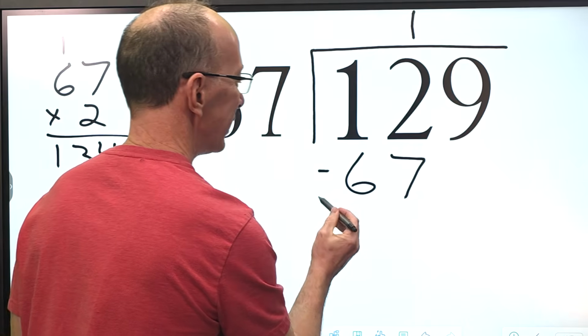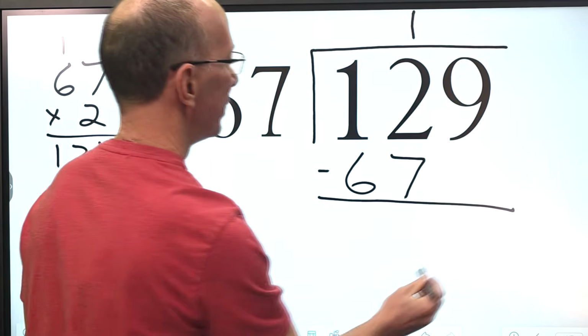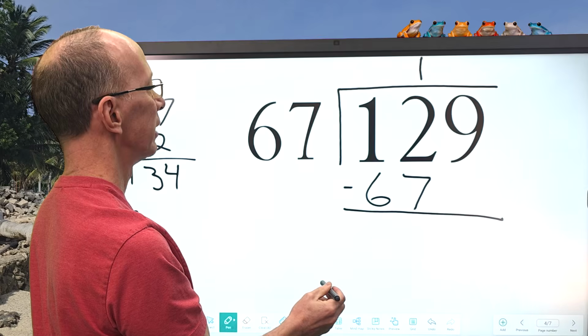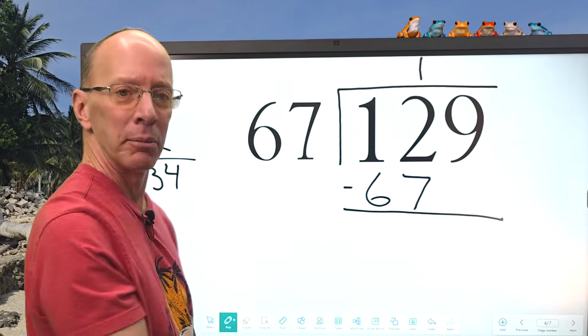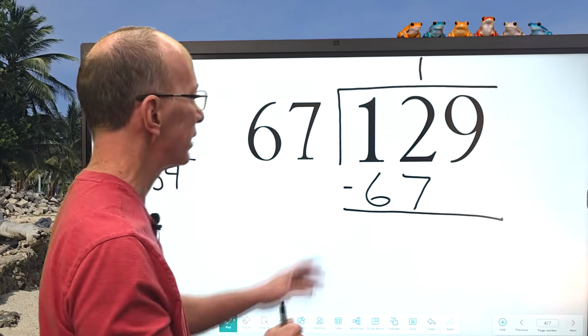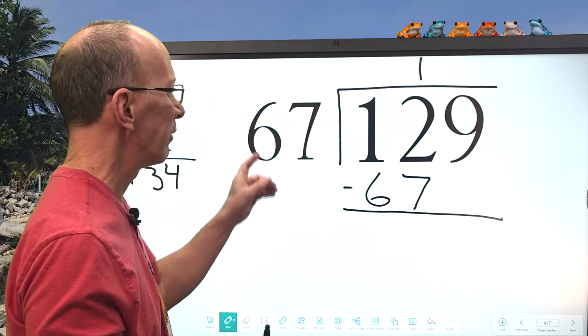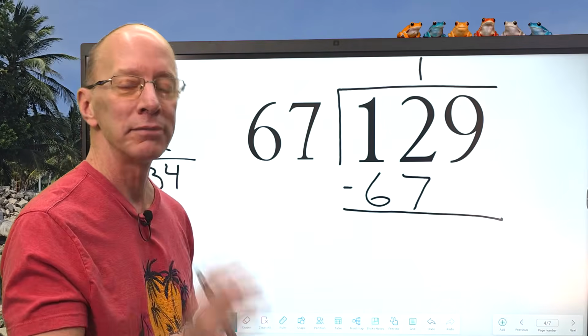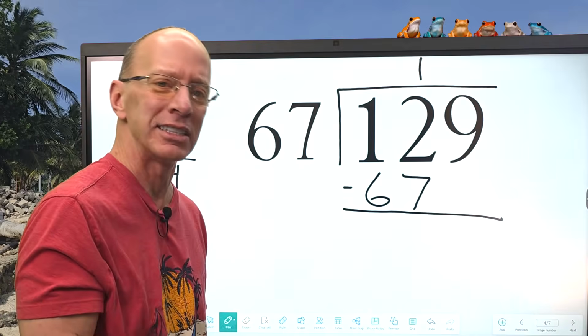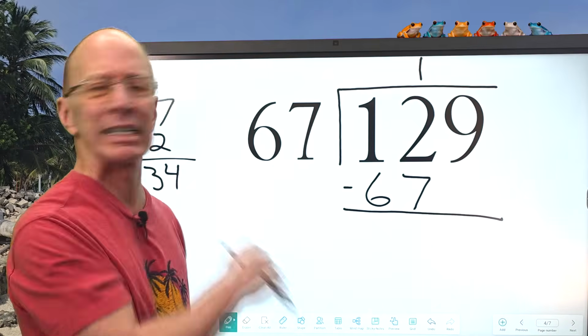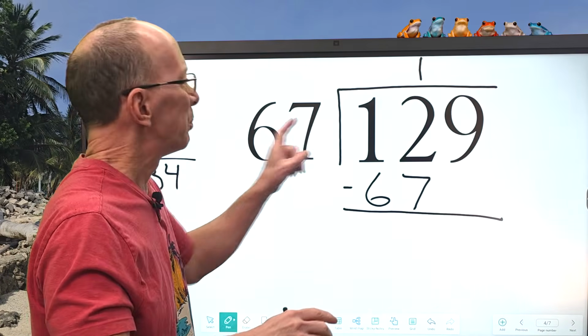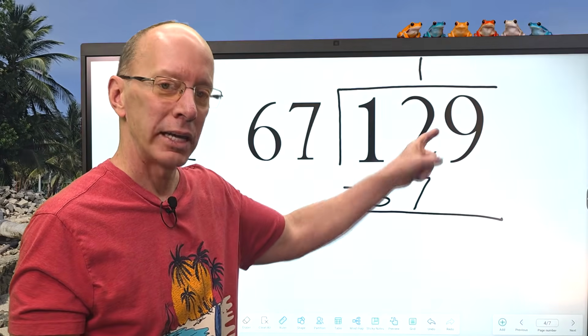So now we're going to go ahead and subtract. All right. Whoops. Did that wrong, didn't I? I made a little boo-boo. Let's go back. Do you know what I did wrong? I put the 1 in the wrong place.